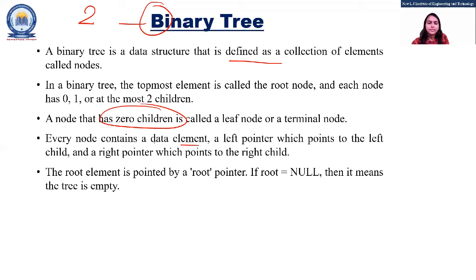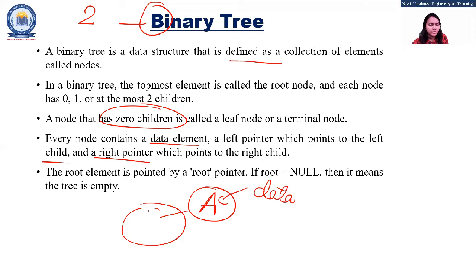Every node contains a data element, a left pointer which points to the left child, and a right pointer which points to the right child. So if this is a root node which is A, this is the data, then it has a left pointer and here a right pointer, which point to the left and right child.